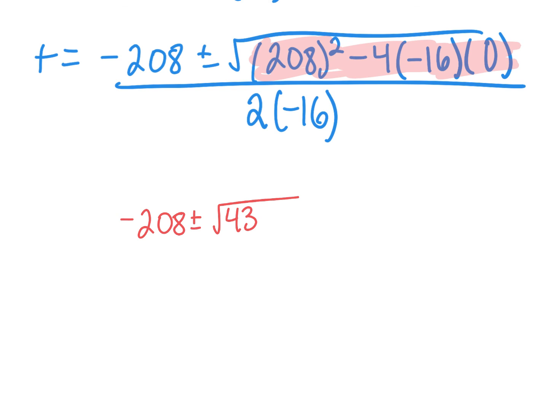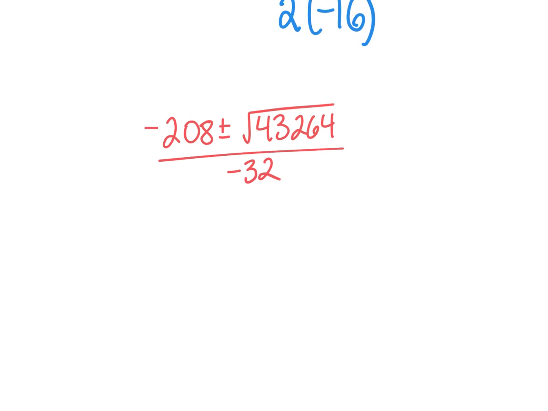Okay, 2 times negative 16 is negative 32, we already said. So now we've got to simplify this. Go ahead and tell me, what is the square root of 43,264? 208. Cool.